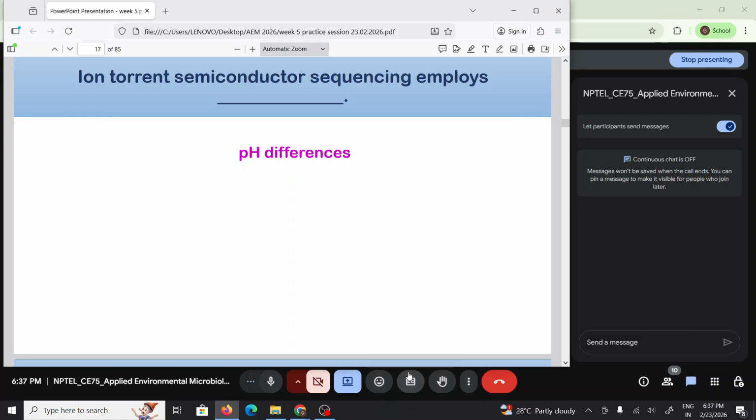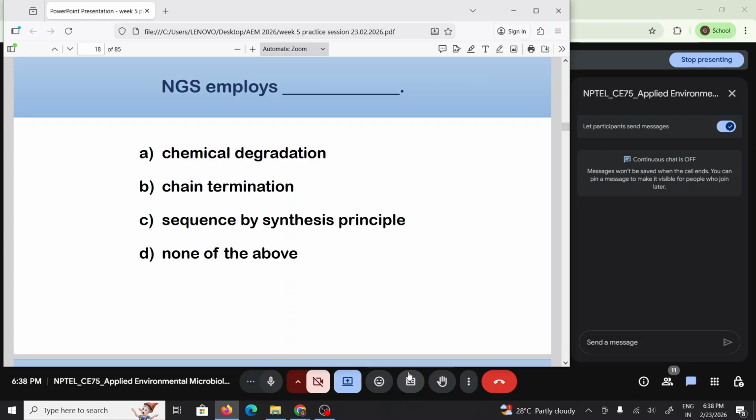Okay. So in ion torrent semiconductor sequencing, basically the principle is the pH difference. So we'll discuss more in detail after a few questions.